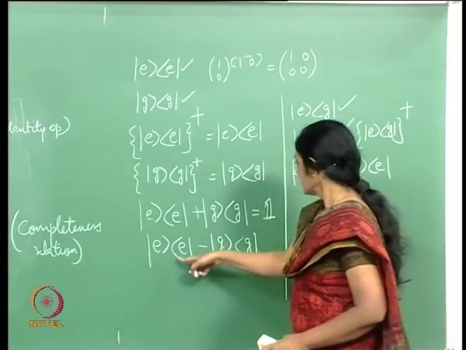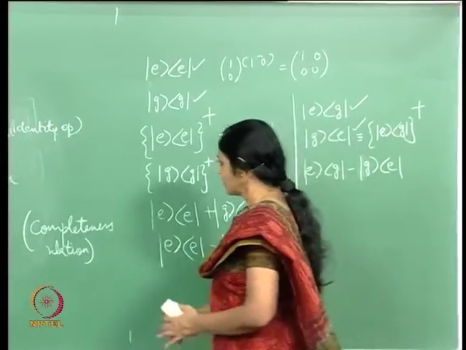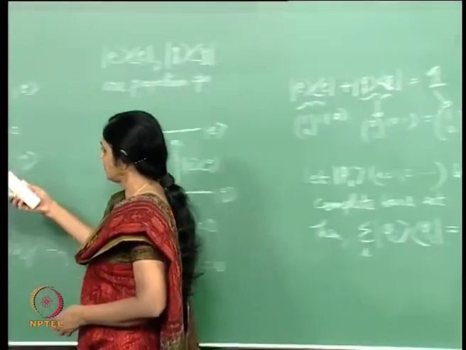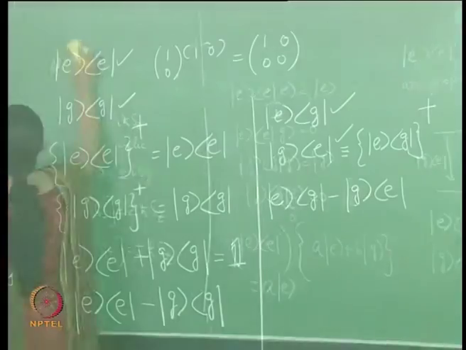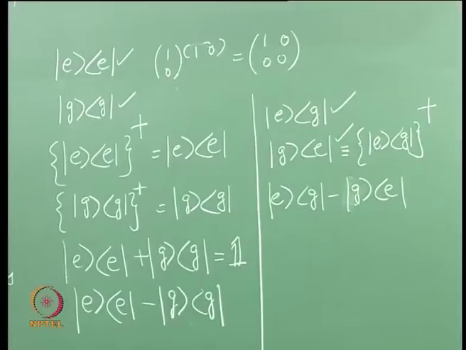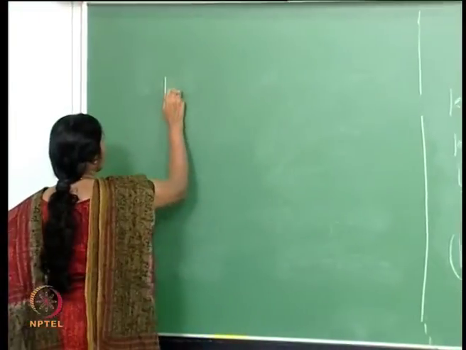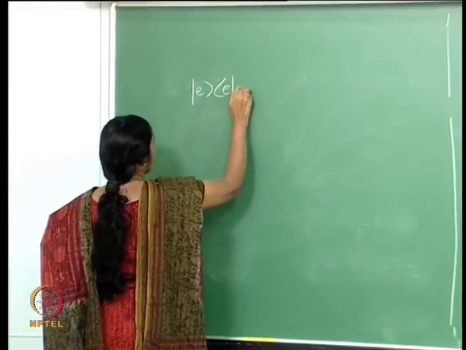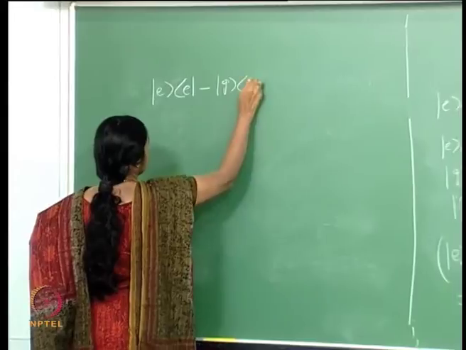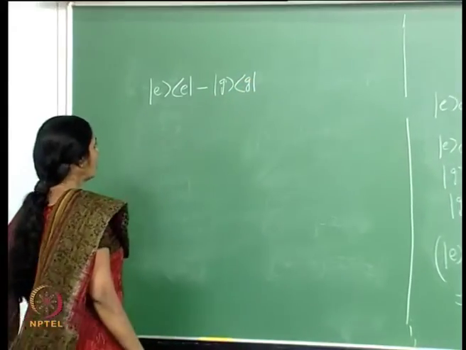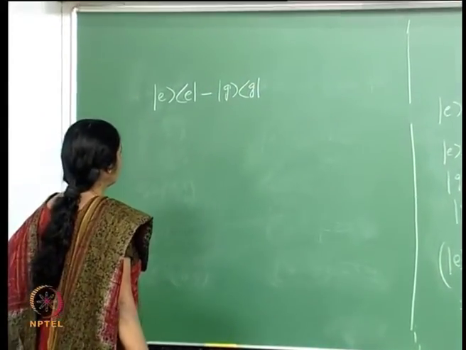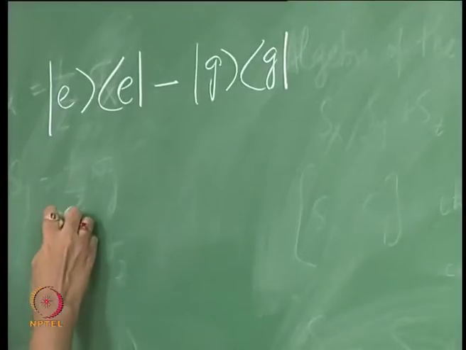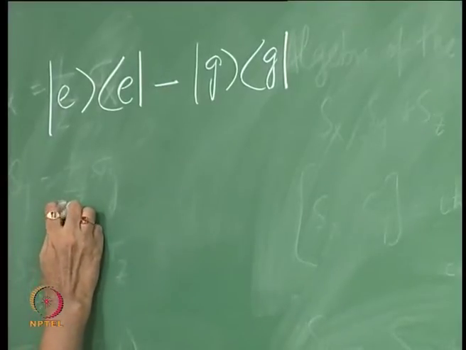Now let us consider this operator. So I now start with the operator |e⟩⟨e| minus |g⟩⟨g|, and I wish to know what it is. Already I know what S plus and S minus are.